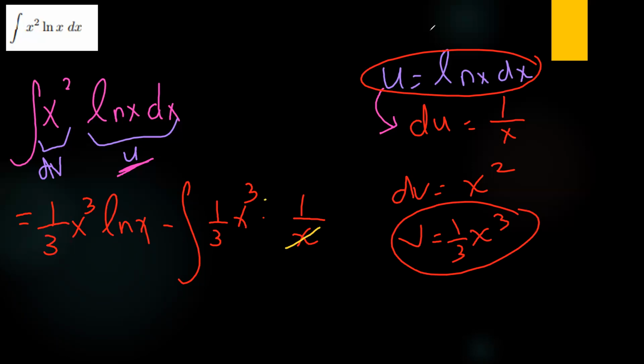Then this will be 1 over 3 x cubed ln x minus.